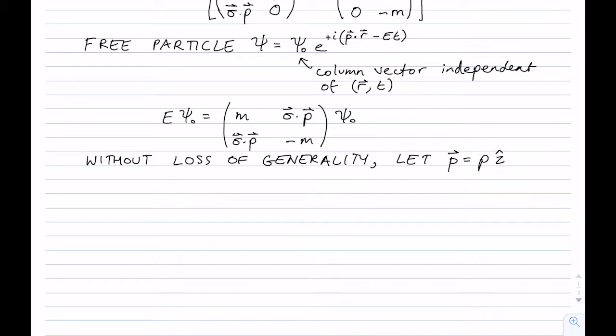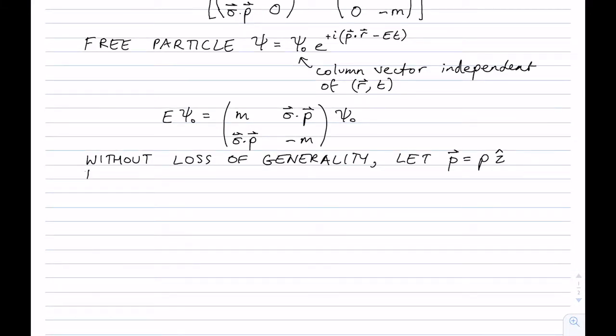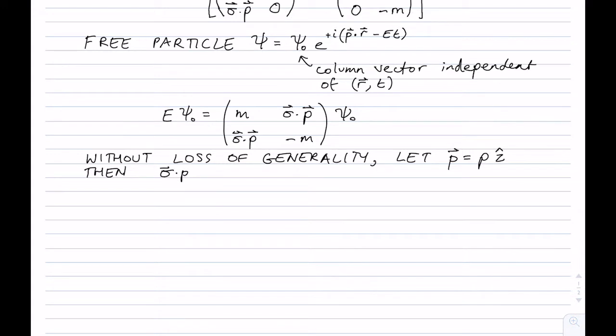So without loss of generality, we can choose the z direction such that it is aligned with the momentum. And then I know what sigma dot p is: just sigma z times p. And sigma z is the easiest of the Pauli matrices to remember.